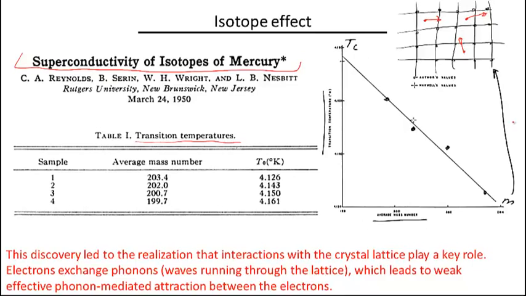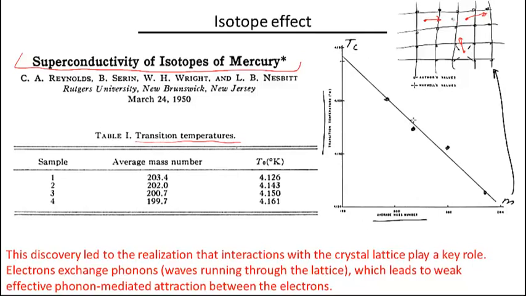A little later, people realized what actually happens. Because an electron is negatively charged and the ions sitting on lattice sites are positively charged, whenever an electron passes through a region of the lattice, it polarizes the lattice locally, and it takes some time for the lattice to relax back.